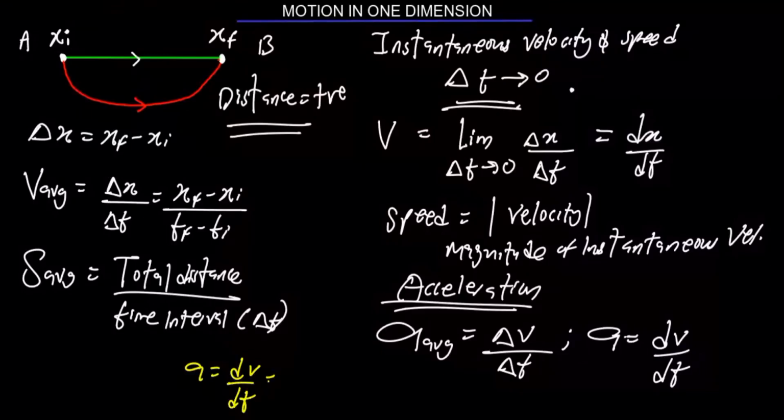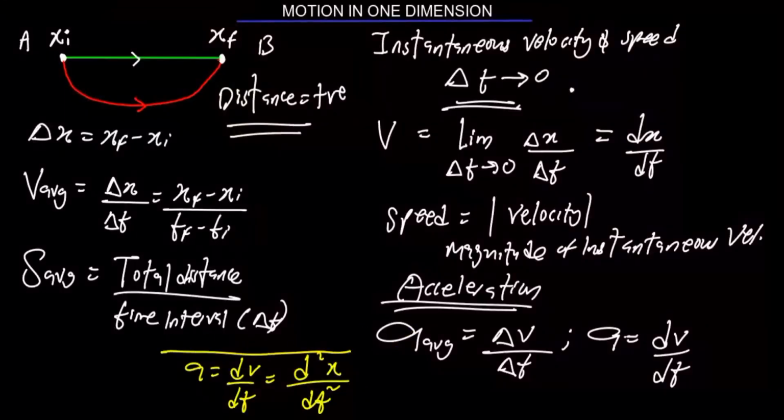Remember that I said a equals dv/dt, and you know that velocity is the same thing as dx/dt. Do you see that? So I can write this as d square x over dt square. Take note of this, d square x over dt square. So that's another way to find acceleration.